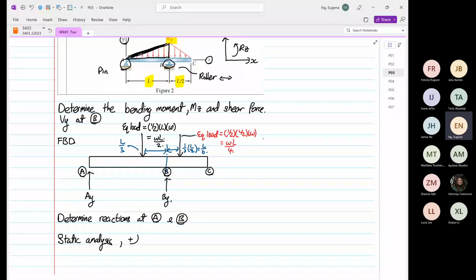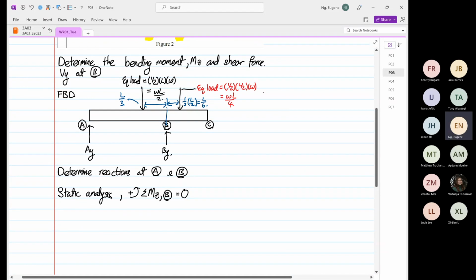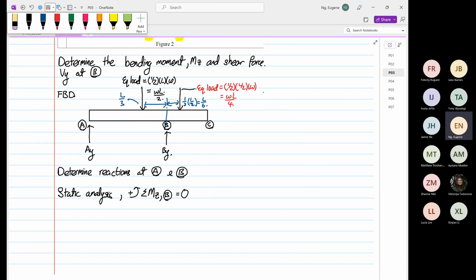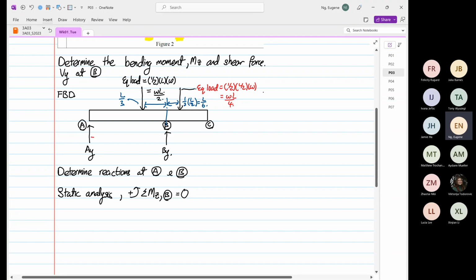So we are going to do summation about moment in the Z direction, and we're going to take the moment at point B. So we take the moment at point B and summation of the moment will be equal to what? 0. We know that the distance from here to here is equal to L, right?